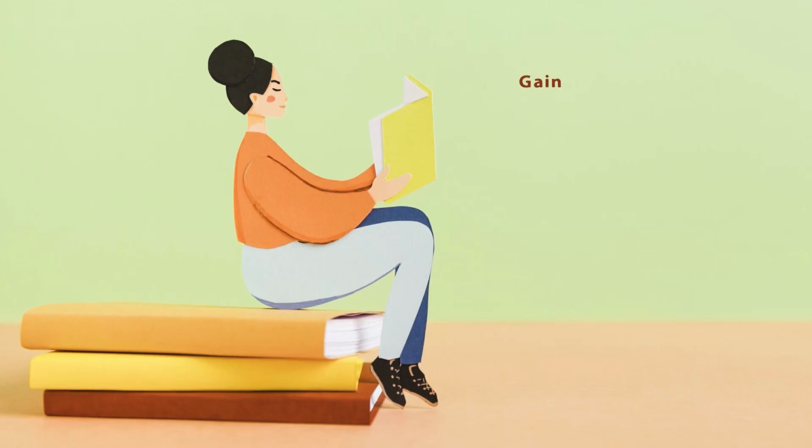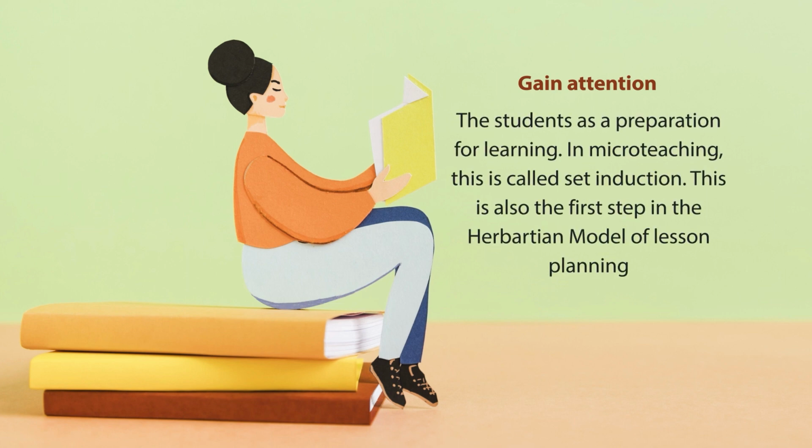As we said earlier, the whole emphasis has shifted from teaching to learning. So Gagne's 9 steps of instruction also ensure learning. The first is gain attention, as preparation for learning, which is basically called an induction in common terms.